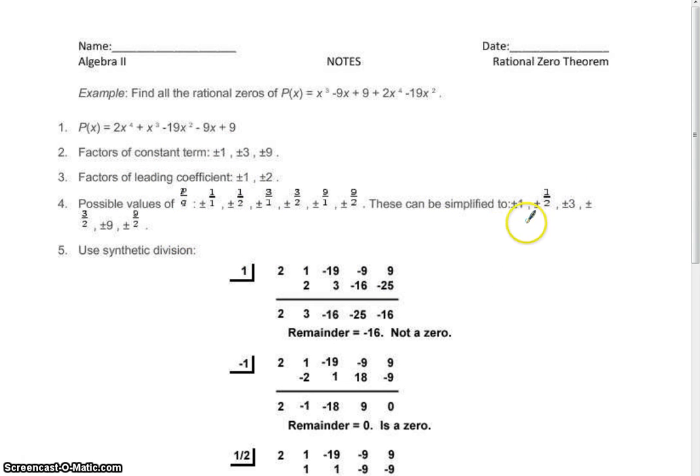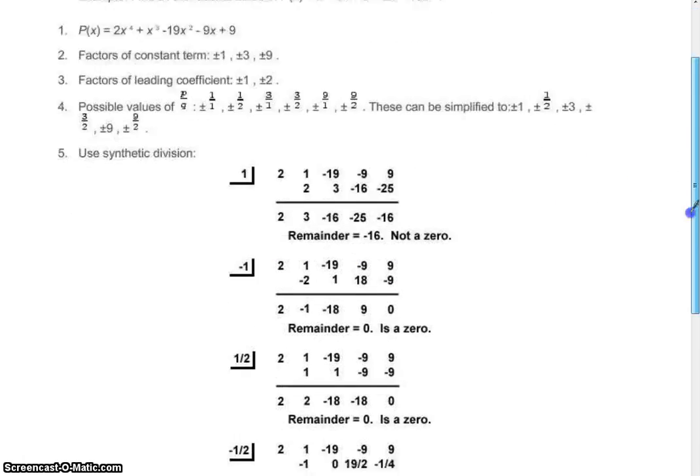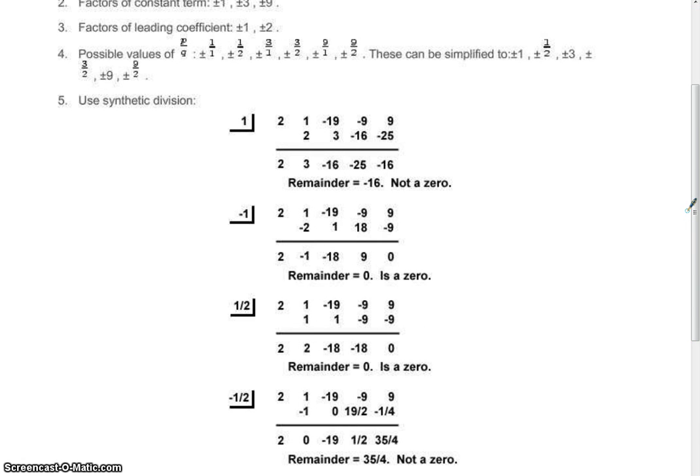My suggestion is to start by testing the whole numbers. And when you do this, if your remainder, your last number here, is not 0, then it is not a 0. If it is 0, then it is a 0. So this right here would be one of my zeros. This right here would be one of my zeros.